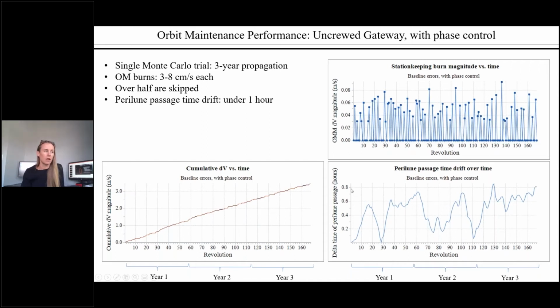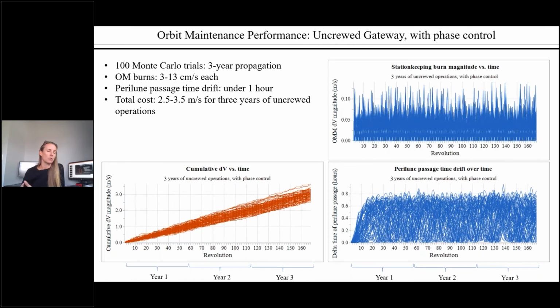So it remains less than an hour over the 3 years. So we can look at 100 Monte Carlo trials of this 3-year propagation, and we see similar behavior. The orbit maintenance burns themselves remain bounded. Our total cost for this 3-year propagation, again, is about 1 meter per second annually. And our perilune passage time drift remains bounded.